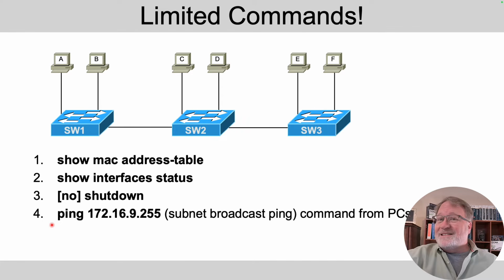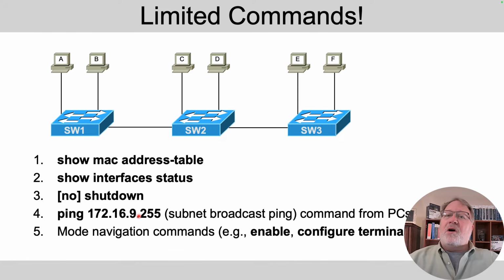If you go to A, B, C, D, E, or F, open up a command prompt and issue this command, it will create and fill up most of the MAC table entries on those 3 switches, and that's good for troubleshooting, all right? And then last comment about restrictions, you are allowed to move around in different modes, like enable to move from user mode to privilege mode, configure terminal to move from privilege mode into config mode, so you can move around in different modes.